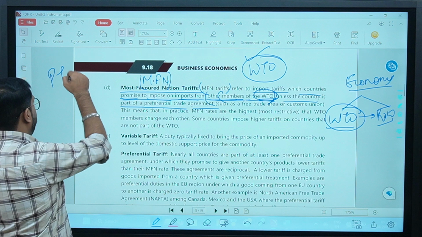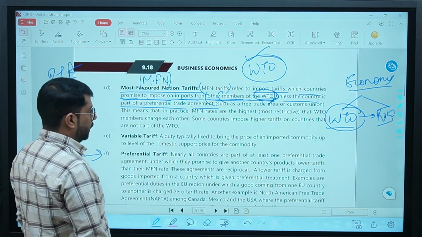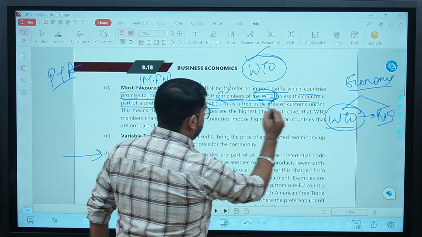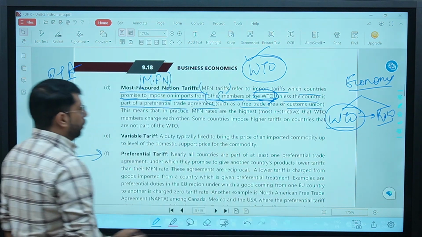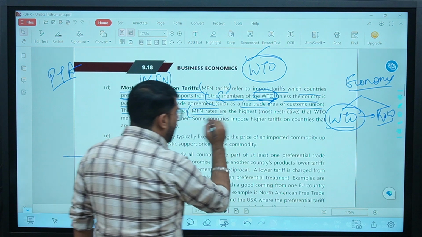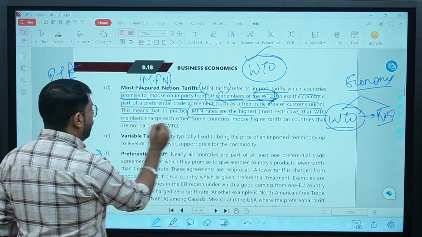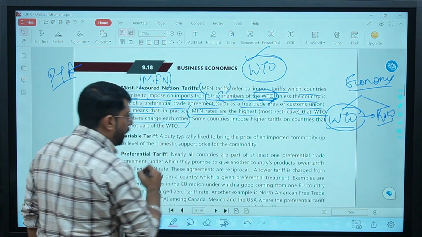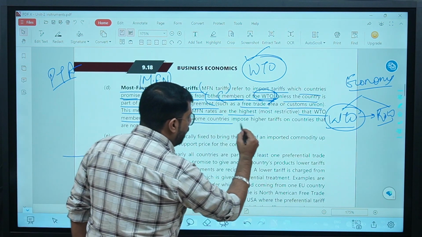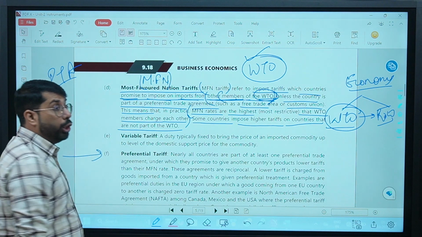We'll talk about PTA here. I'll tell you what PTA is. This means that in practice, MFN rates are the highest that WTO members charge each other. Some countries impose higher tariffs on countries that are not part of the WTO.